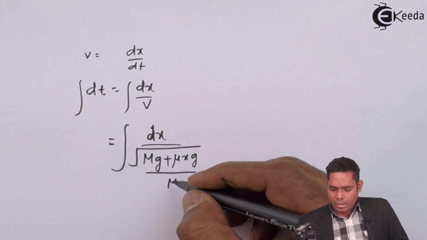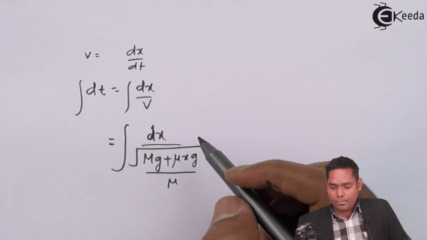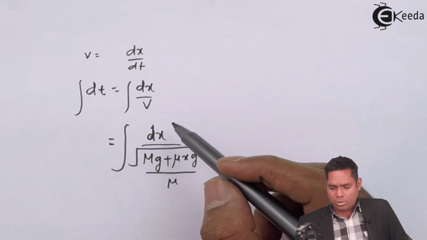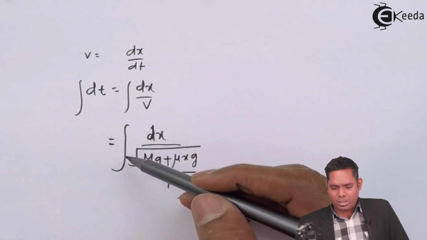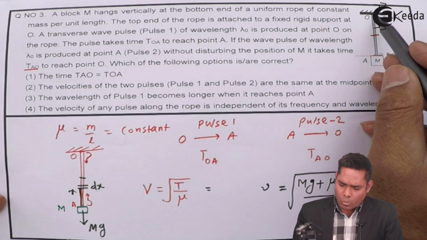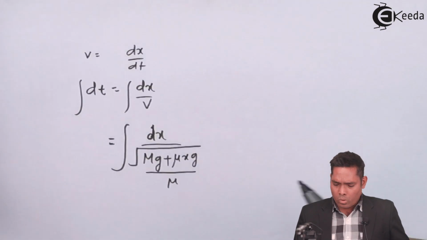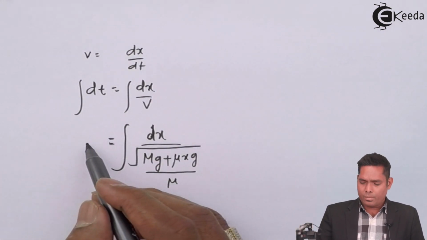This is a constant that is taken out, and this one I have to integrate. What is going to change? Nothing is going to change, because my limit for dx, if I consider the length of the rope is L, is from O to A or A to O. This will remain the same. So time will remain the same.